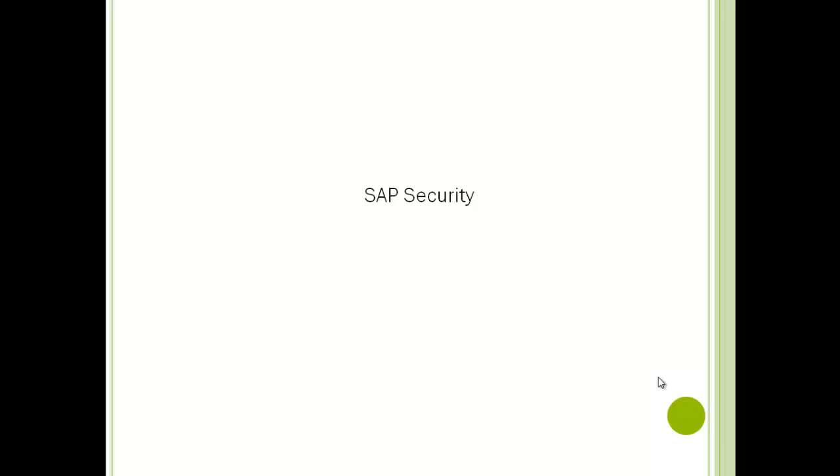But ERP security or SAP security is a little bit different from that. Here we are discussing security within the ERP system. That means data protection within the organization. This is very important in a bigger organization or a multinational company.